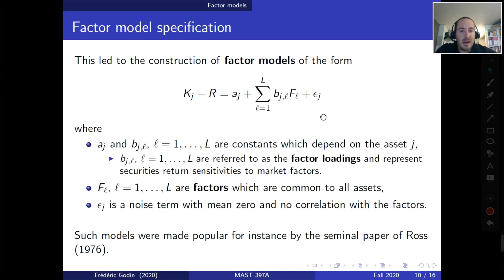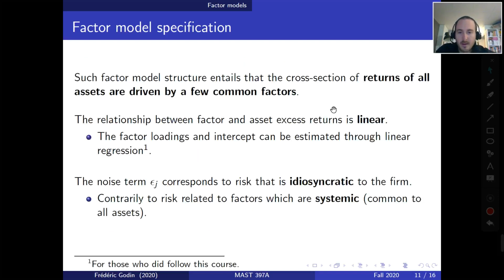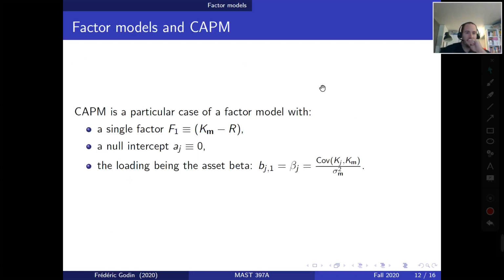So for that reason, we typically assume that the noise term epsilon is uncorrelated with the factors, or sometimes people assume independence. So we assume that the factors do not impact the noise term epsilon and vice versa.